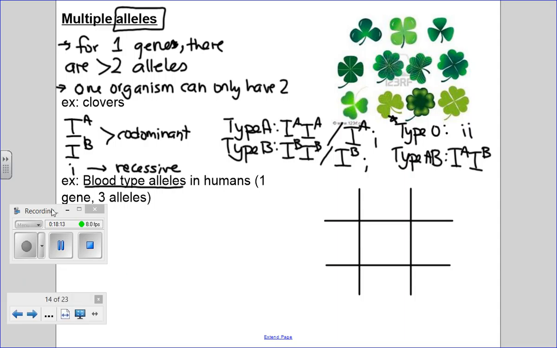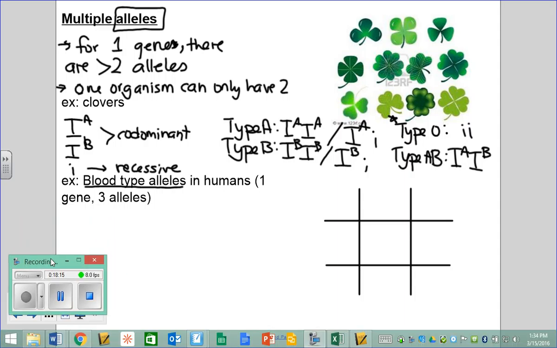So, we are going to cross. What should we do here? This will be our male parent, and this will be our female parent, just because. Let's say that the male parent has type A blood, but he has 1 copy of the A allele and 1 copy of the recessive allele.